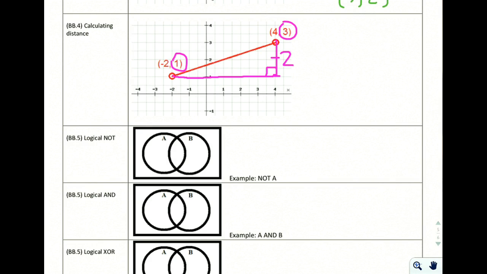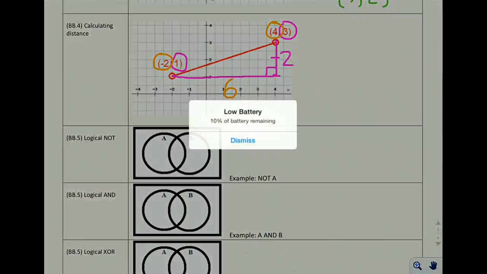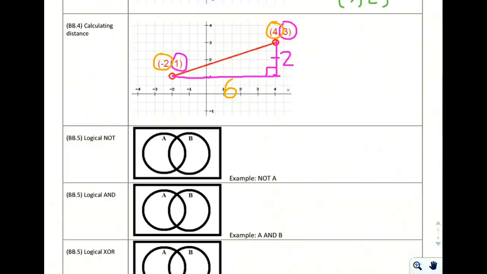Going across, it's the same basic principle. I have a 4 here and a negative 2 over here. Well, how far are 4 and negative 2 apart? I would technically be subtracting 4 minus negative 2. Another way to think of it is to say 4 plus a positive 2, which is going to give me a 6. So 4 and negative 2 are 6 units apart.